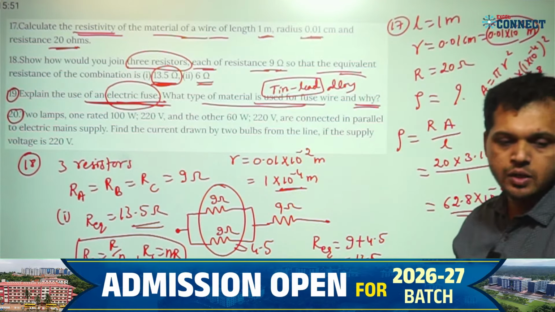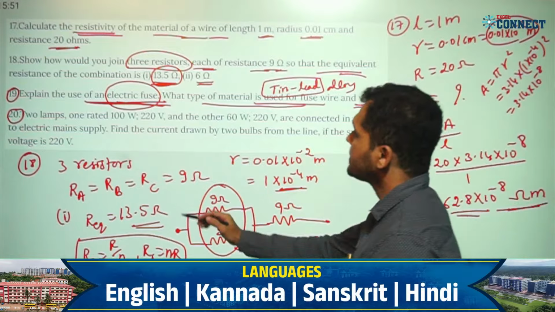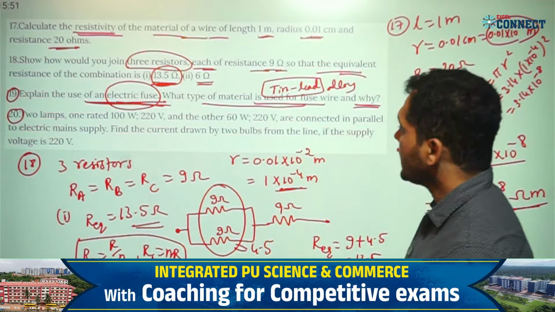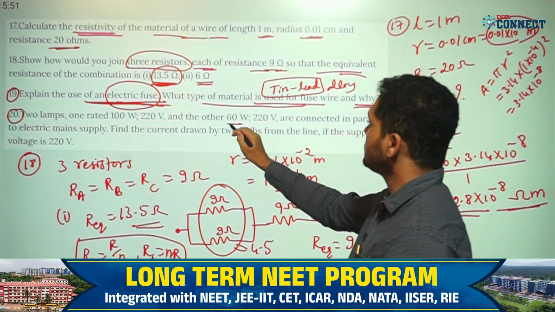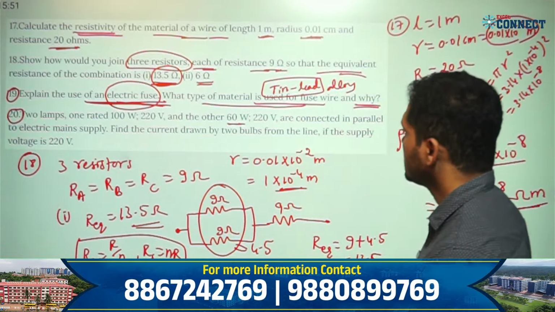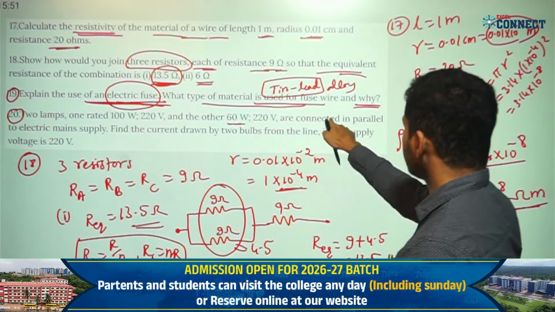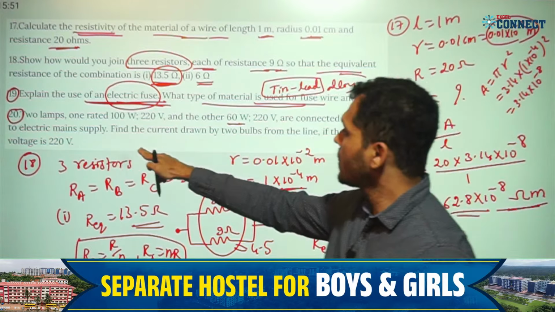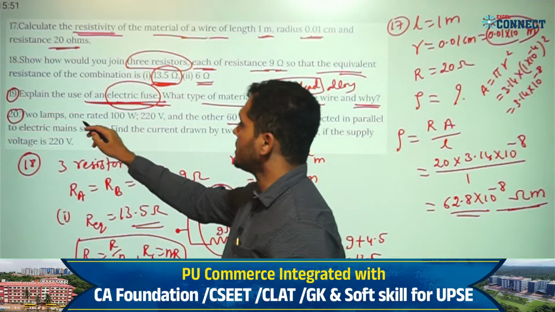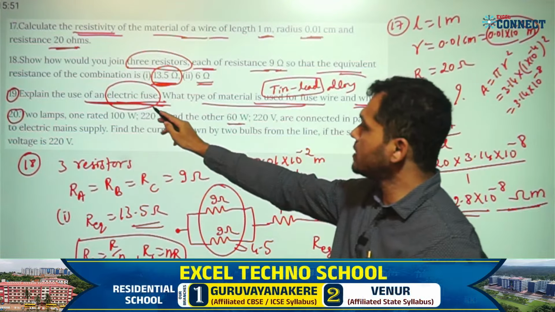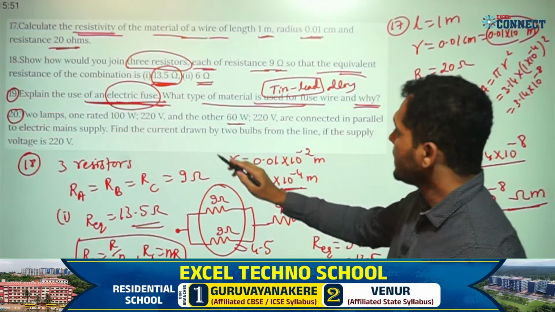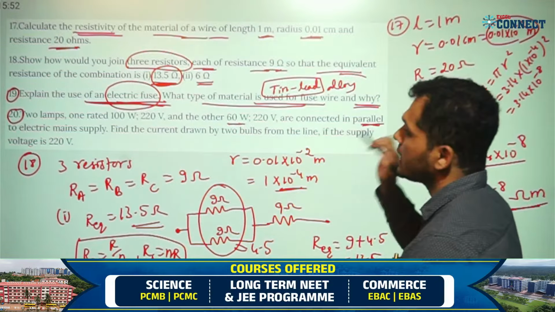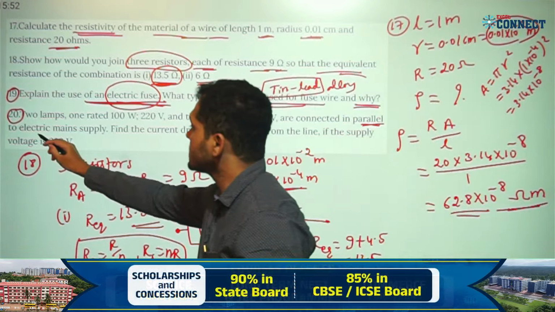Next question is question number 20. Two lamps are there. One is rated 100 watt, 220 volt, another is 60 watt, 220 volt, connected in parallel to the electric mains supply.